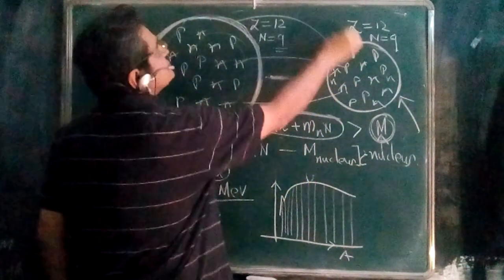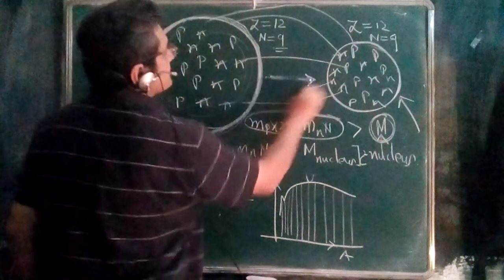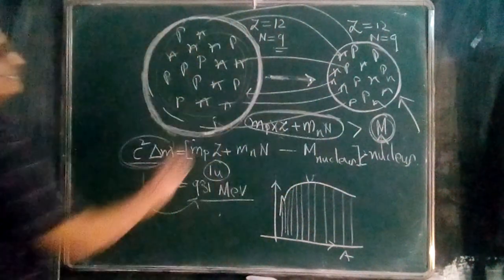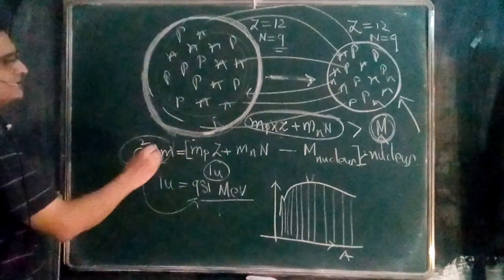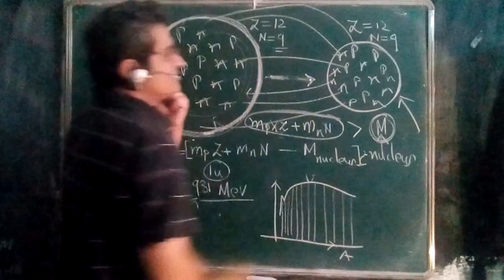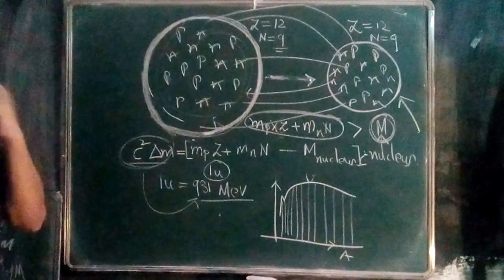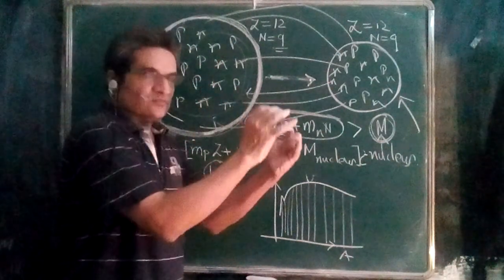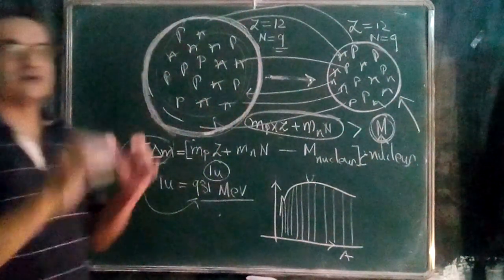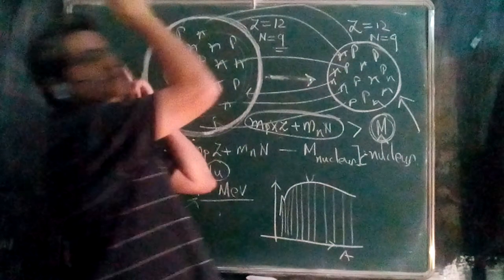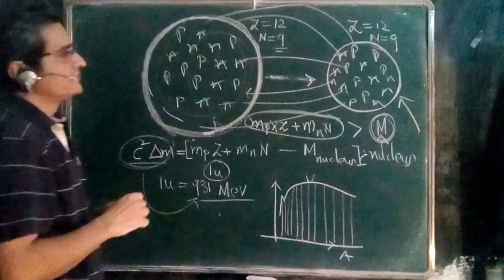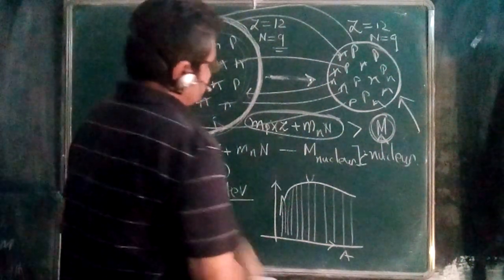So to rupture the nucleus apart, I will have to give this much energy. The mass defect multiplied by c squared is the binding energy. This is the energy by which it has been bound, and I need to give this much energy to extract all the neutrons and protons, basically to rupture it.